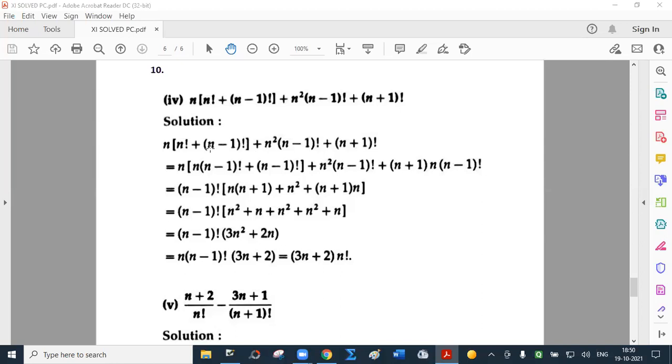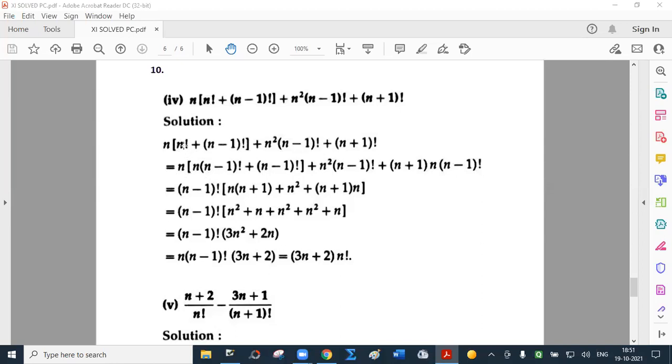Fourth one, we are asked to simplify this: n into (n factorial plus n minus 1 factorial) plus n square into n minus 1 factorial plus n plus 1 factorial. Actually, n is taken common. Okay, so n as it is.